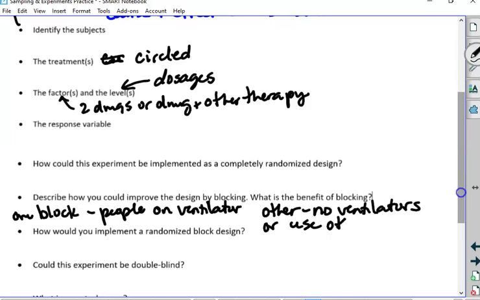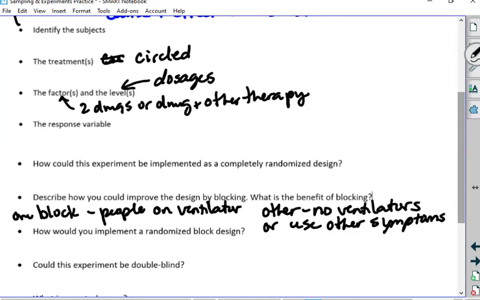So maybe they might want to block on a symptom like this. These people are having respiratory problems. These people are having high fever or whatever it was, different things. I think for the most part with COVID, the main issue was the respiratory issues, but there were also some other, maybe less common, severe symptoms.